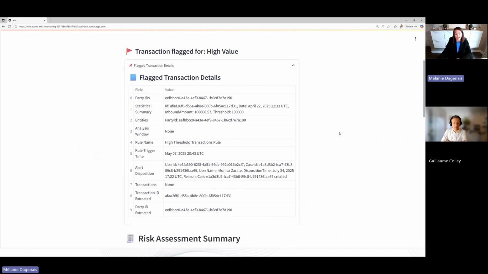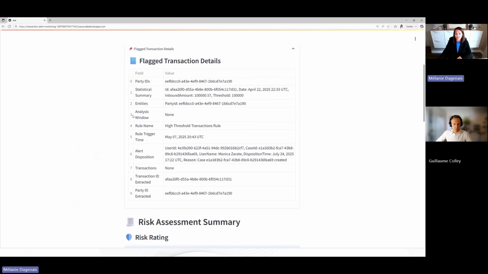So currently, the agent has already collected all the required information. So you have the client party ID, you have also the alert that was generated in your alert system. In this case, it was inbound amount of over $100,000, the threshold being $100,000, the transaction alerted.